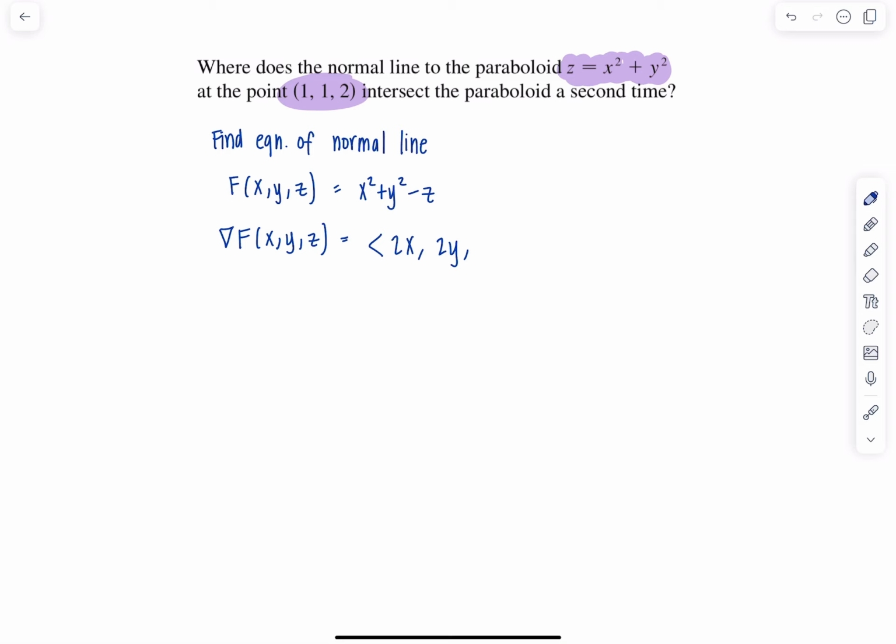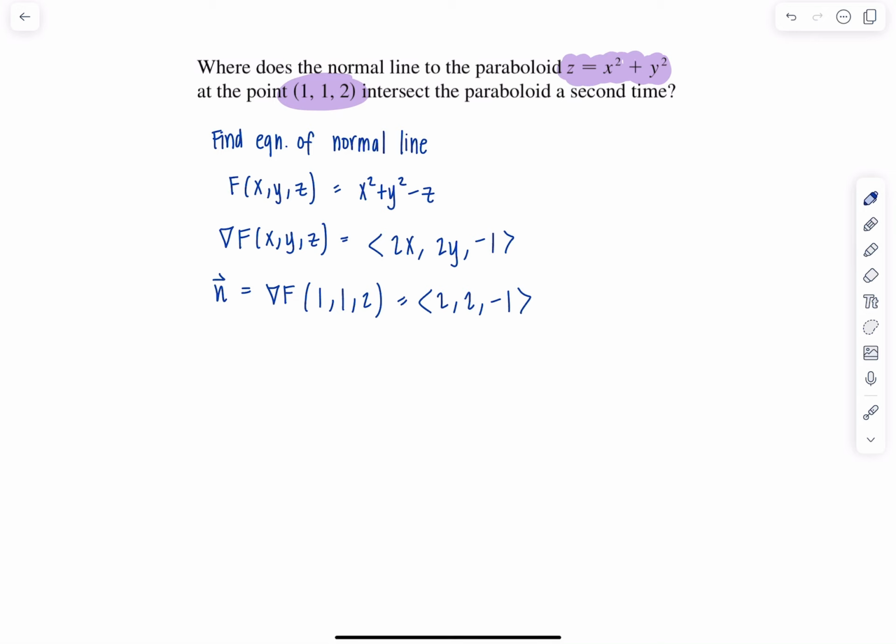And the last component is -1, the partial derivative with respect to z. So my normal vector to the surface is equal to the gradient at that point (1, 1, 2). Substituting in 1, 1, and 2 for x, y, and z, I end up with (2, 2, -1).